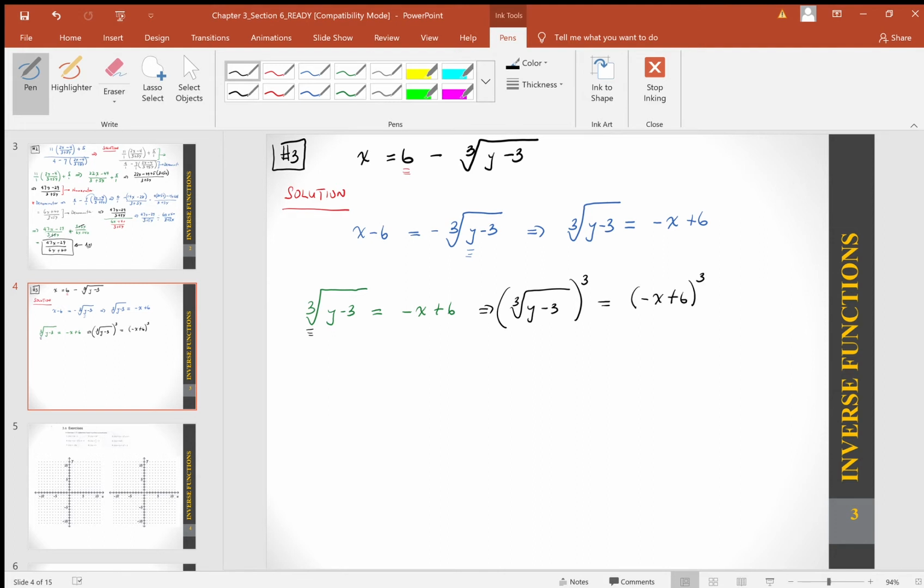Now these two cancel out each other, so I'm left with y minus 3 equals negative x plus 6 cubed. I want to solve for y, so y equals negative x plus 6 cubed, and I just bring this negative 3 over to the right hand side of the equation, making it a positive 3.